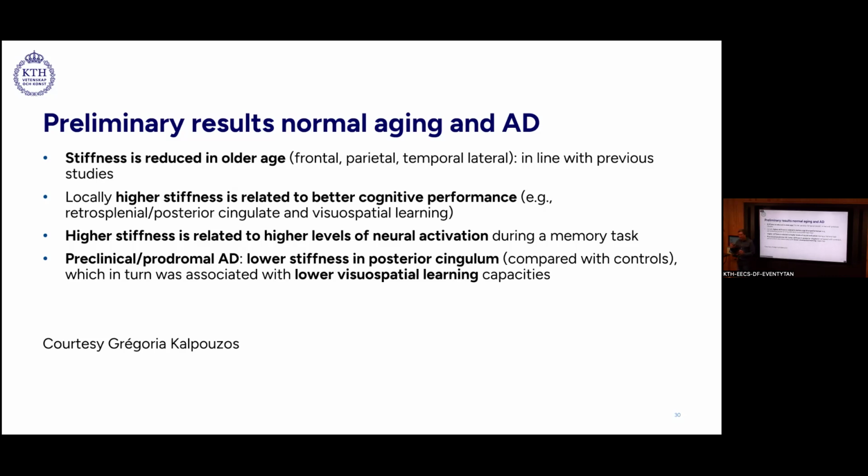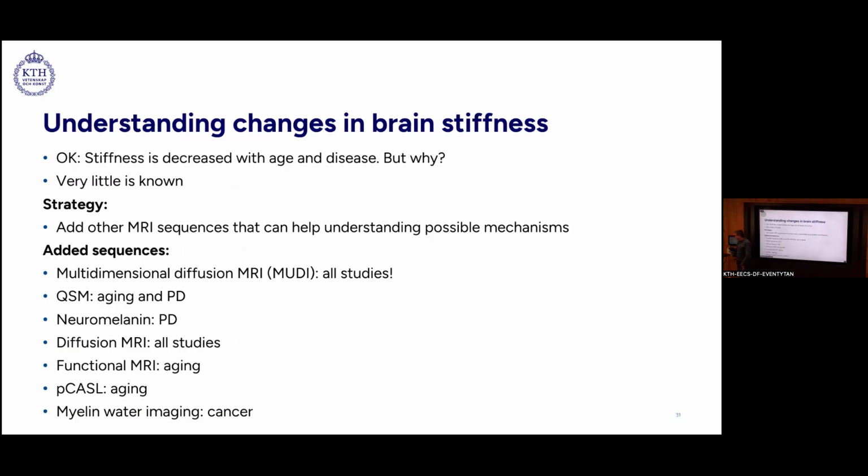And of course, you get a score from this game. And people with better scores in this game had higher stiffnesses in specific regions in the brain. So it was interesting. In a way, you can train your brain and get it stiffer. Maybe.